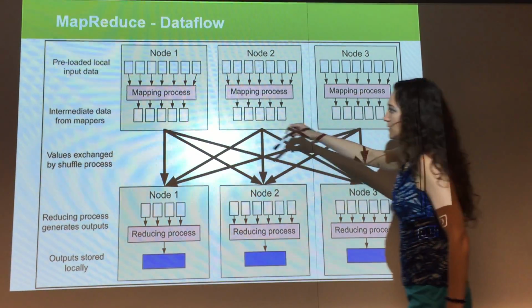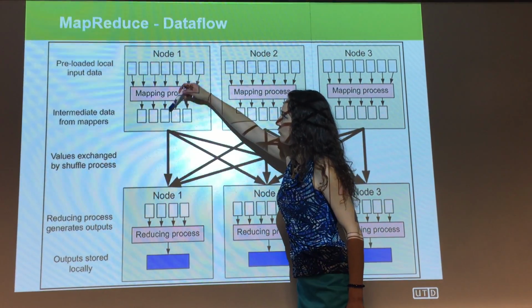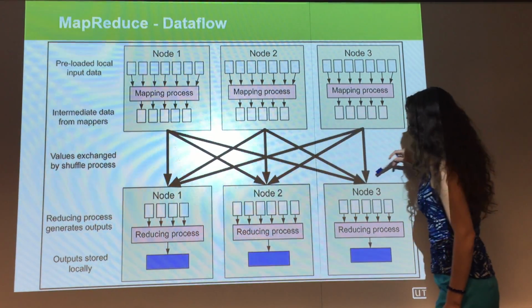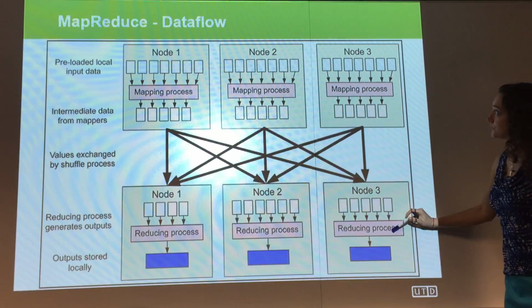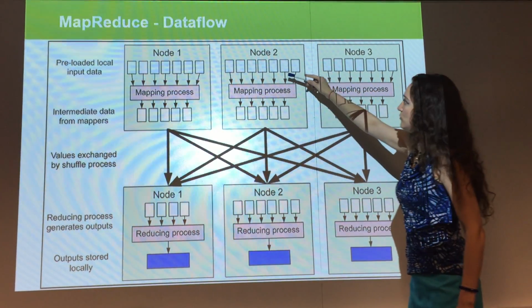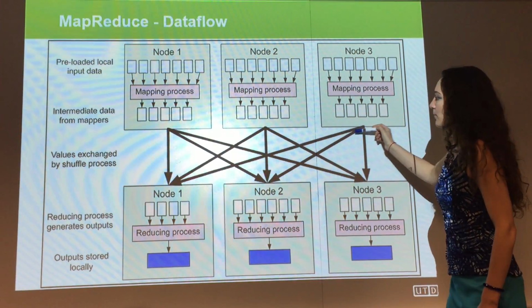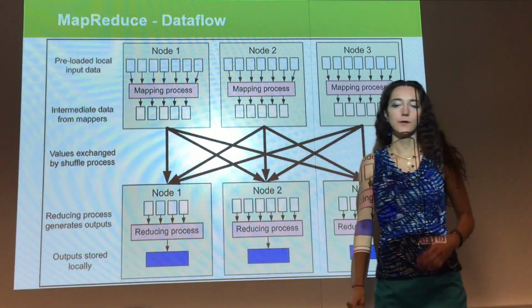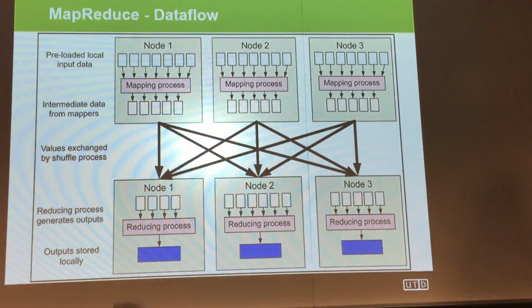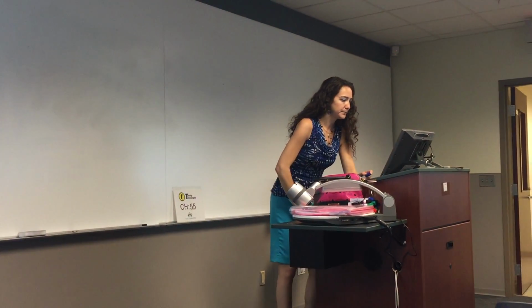That's why you see node 1 mapper is going to node 3 reducer, or node 2 mapper is going to node 3 reducer, or node 3 mapper is going to node 1 reducer. So the mappers and reducers could be running on different nodes.